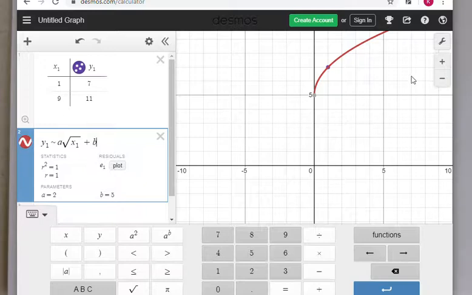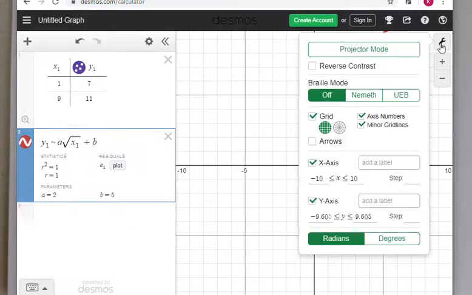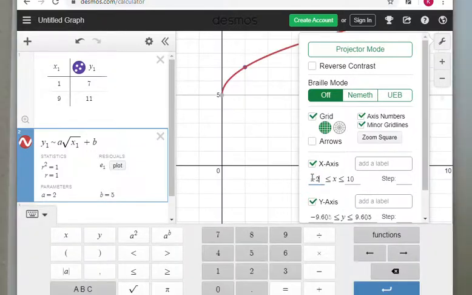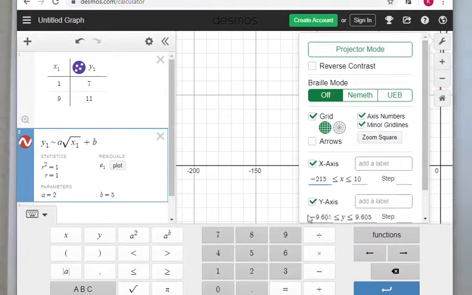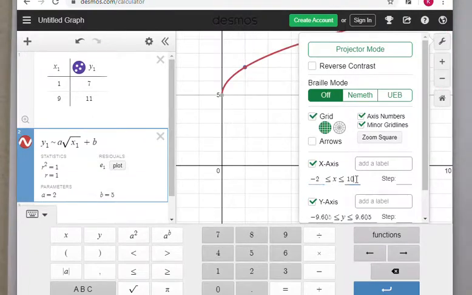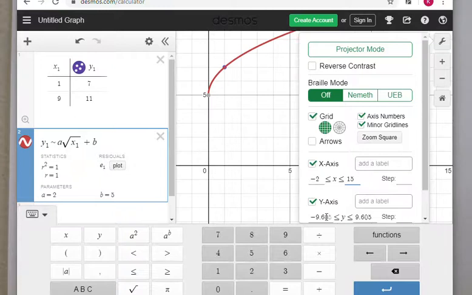If I come over here to my graph, I'm going to change my settings a little bit so I can see a little bit further out here. Let's just go from -2 to 15 on the x. And on the y, I'm going to go from -2 to 15 again.